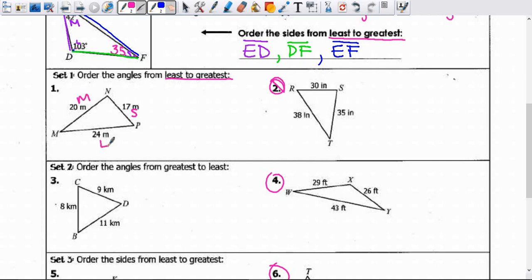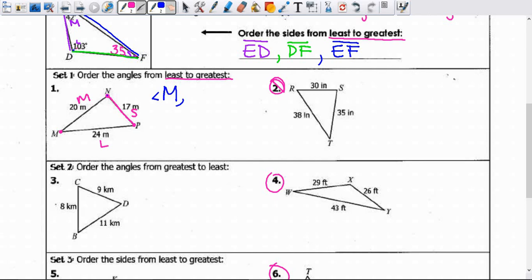Now, this is where I'm going to show you guys a trick with this. All right, so if NP right here is my small side, across from it would be my small angle at M. There's only 3 letters in a triangle, N, P, and M. NP is this side, so opposite should be the letter that's not touching it, which is M. So it will be angle M is my smallest.